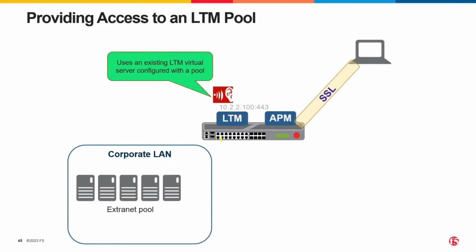So in this case, we have some virtual server and we want to protect that virtual server, that application that is in our pool, right? We want to protect that using some kind of authentication, maybe multi-factor authentication or whatever it is, or simplify the access to that.